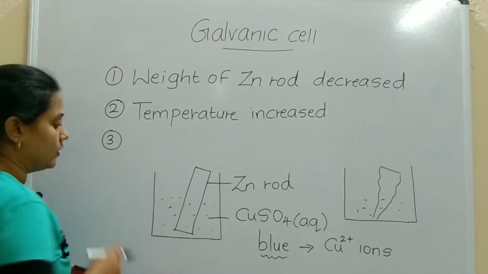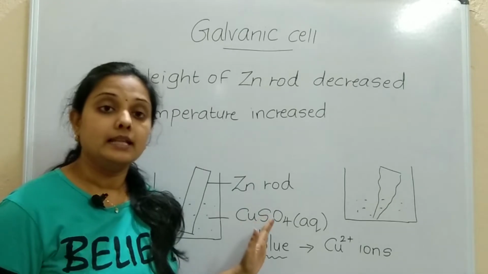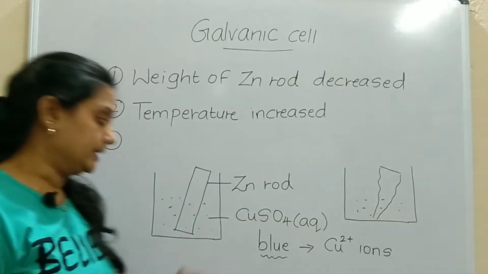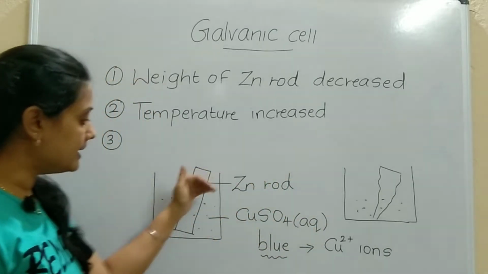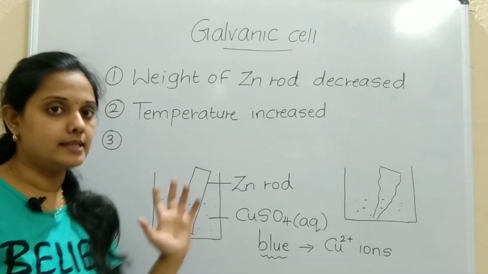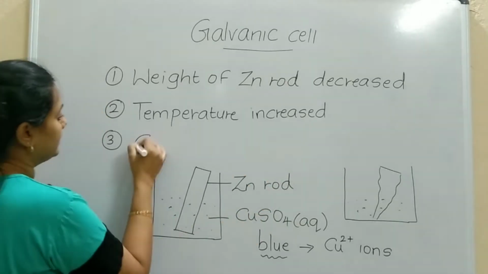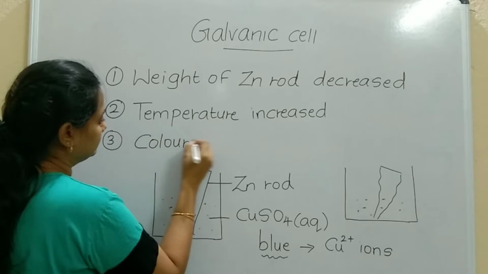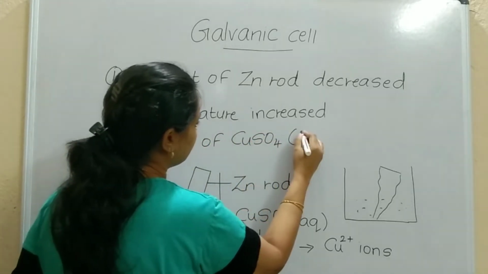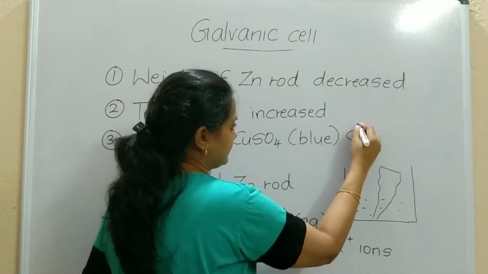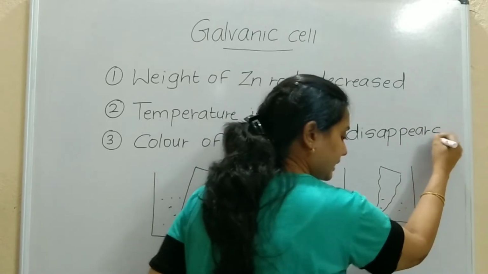Third observation was the color of the copper sulfate. Correct. The copper sulfate is blue in color because of Cu2+ ions. But when you immersed the zinc rod, the observation was that after some time, the blue color of copper sulfate disappears.